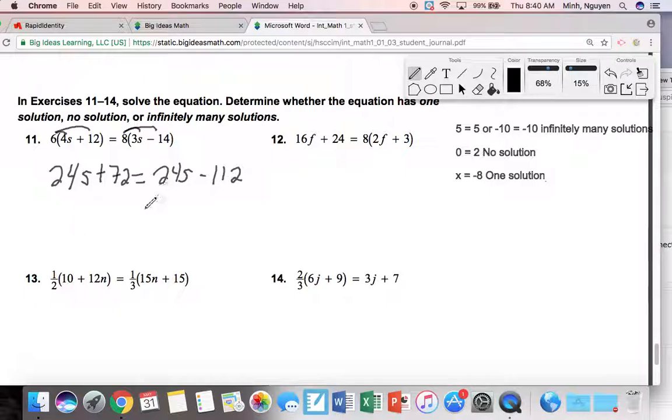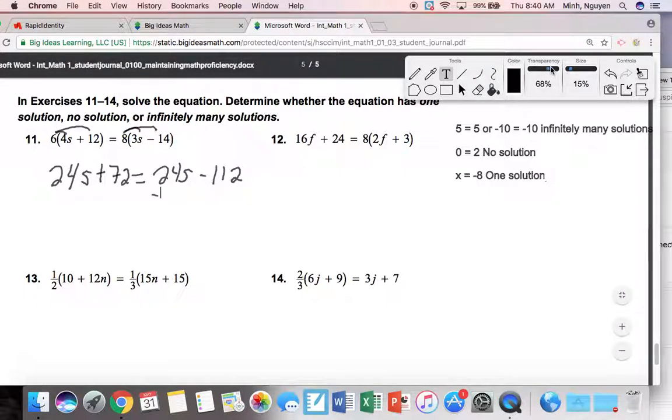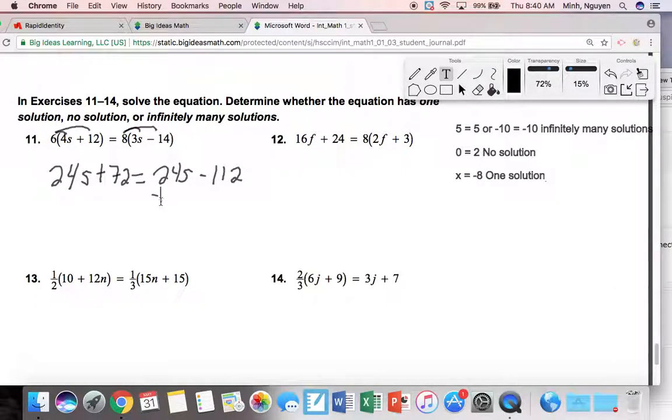So I will try and isolate the variable. How will I do that? It's not 245. My handwriting is just crappy, alright? So minus 24s, right? And over here, also minus 24s. Why am I doing that? To isolate the variable.